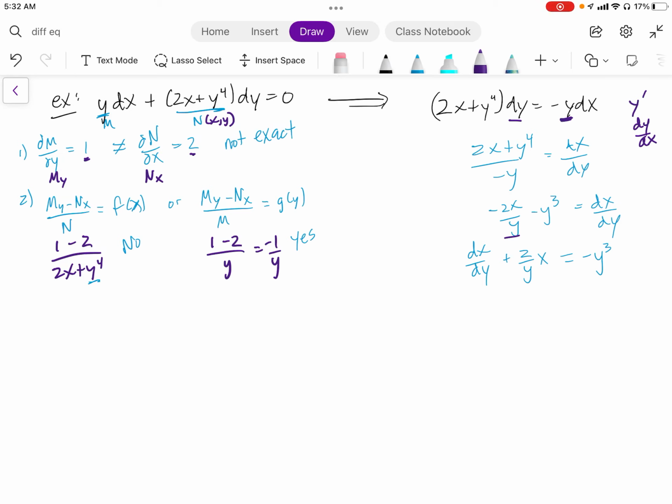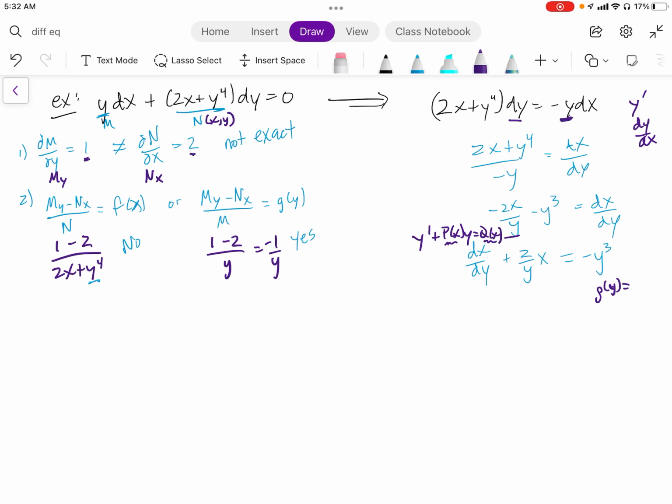Because again, thinking the y prime plus p of x, y equals q of x, but you could think of p as a function p of y, right, and q of y, and then wherever there's y, there's an x. Just reverse them. So in that case, we need the integrating factor. So we need rho of y, okay?